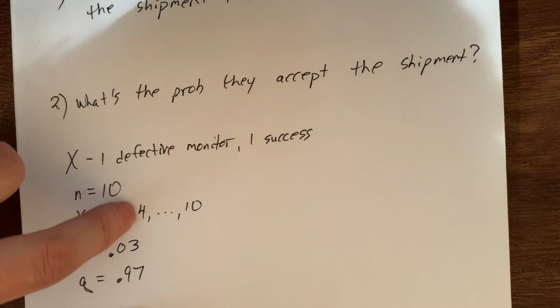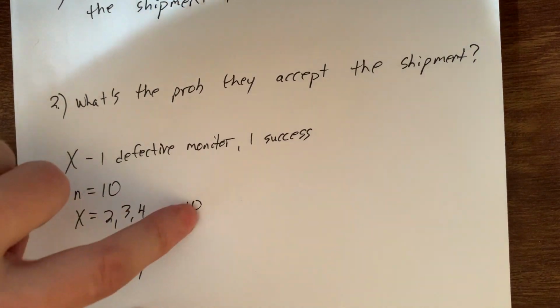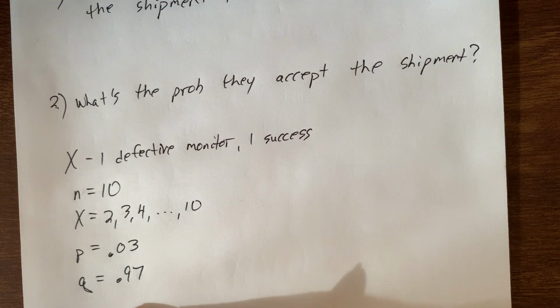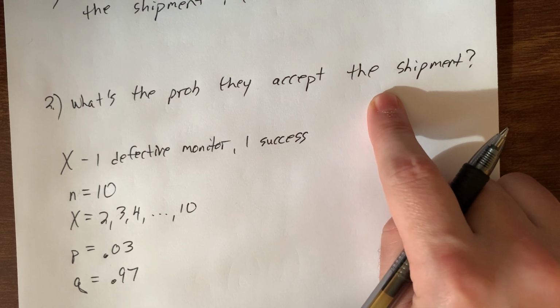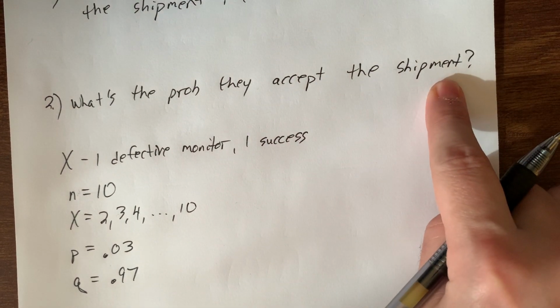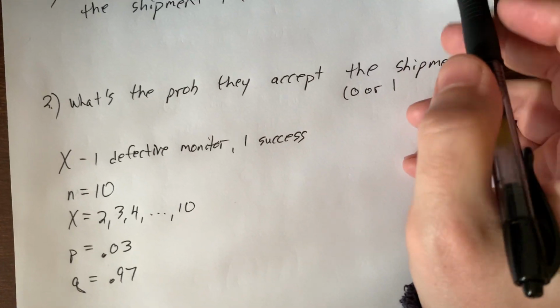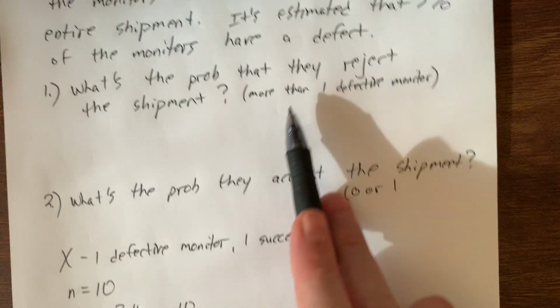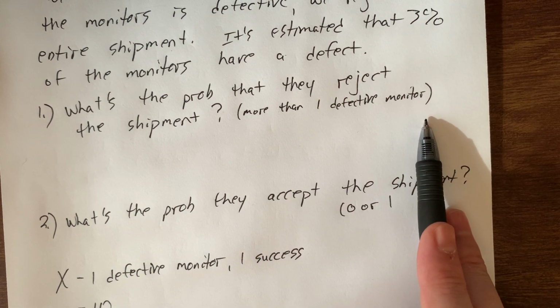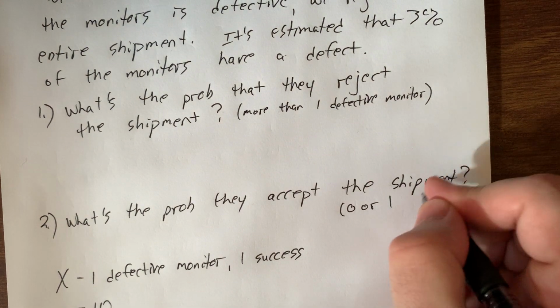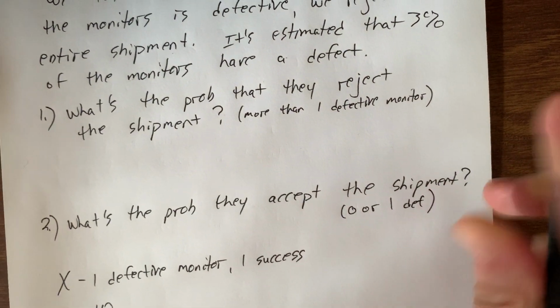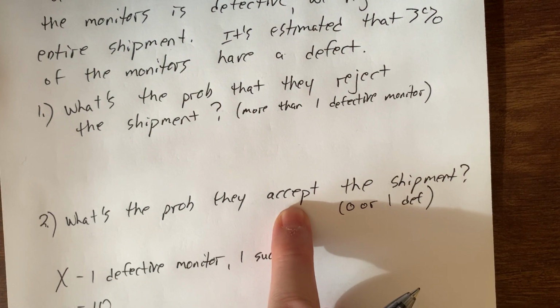And now you're probably already wondering, how am I supposed to handle all these X's? But let's take one quick moment and jump into problem number 2. What's the probability they accept the shipment? If they reject the shipment when we have more than one defective monitor, then if we have 0 or 1 defective, they would accept the shipment.